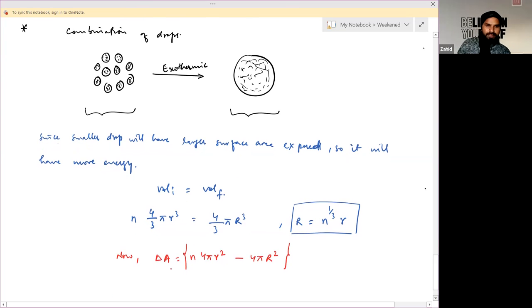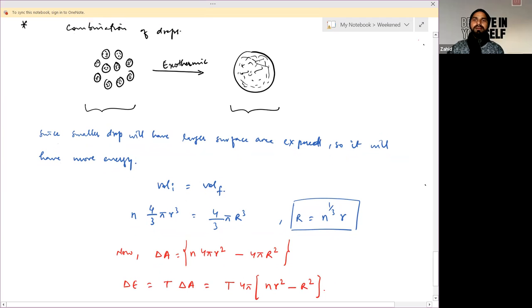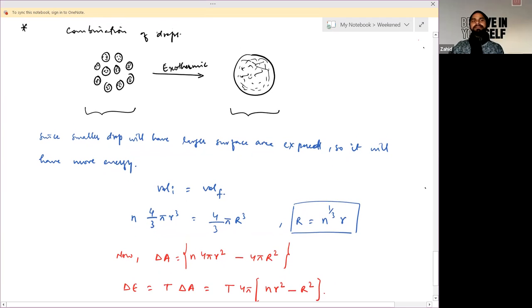Then multiply it by surface tension to calculate the amount of energy evolved during this process. So it will be T times delta A equals T, 4 pi is constant, keep it outside, n times small r square minus capital R square. This will be the total amount of energy evolved during this process. Is it clear?